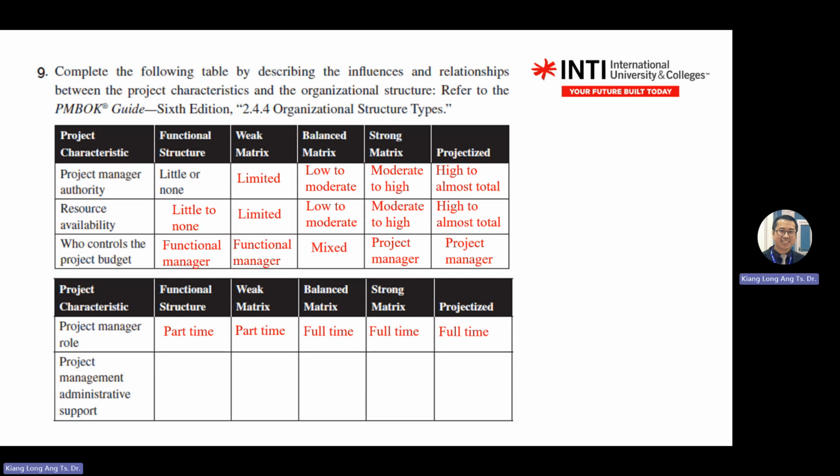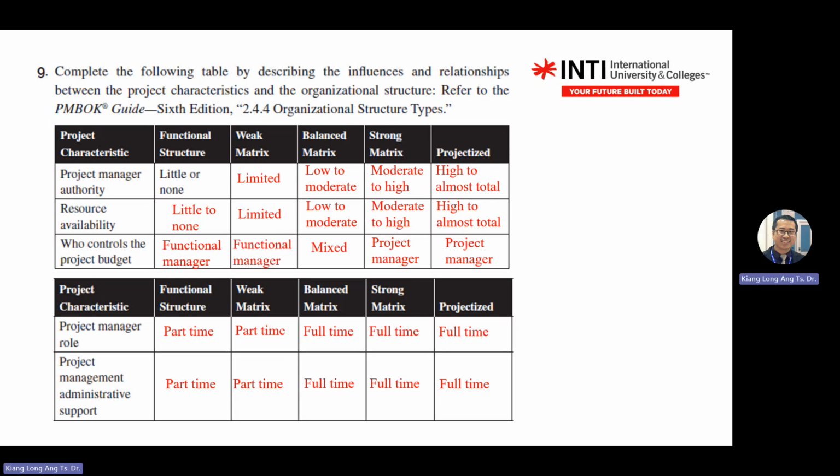Project management, administrative support, also either use full-time or part-time. So when you are project management, you are under projectized, it is full-time. Balance also full-time. But if it's weak and functional, it's part-time. Yeah.